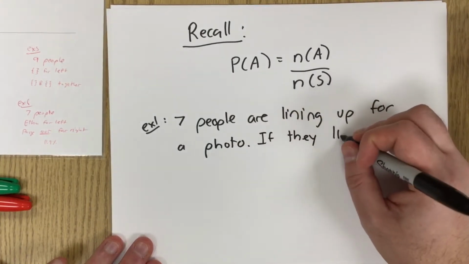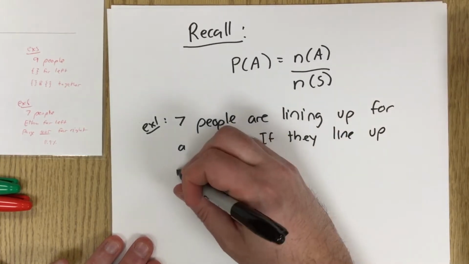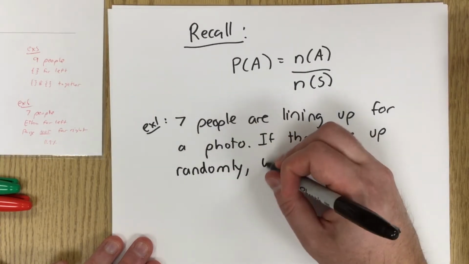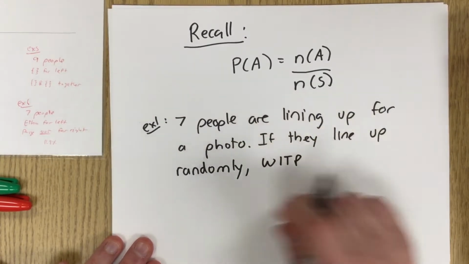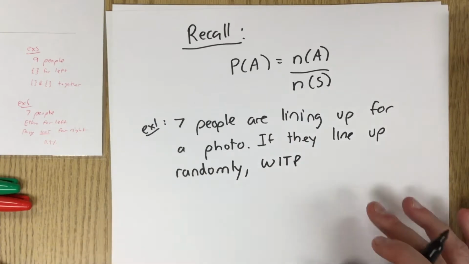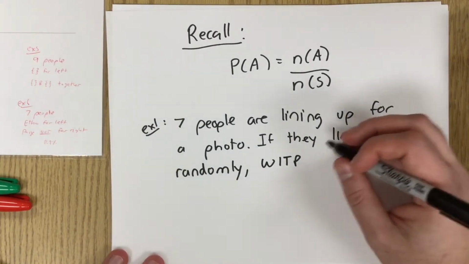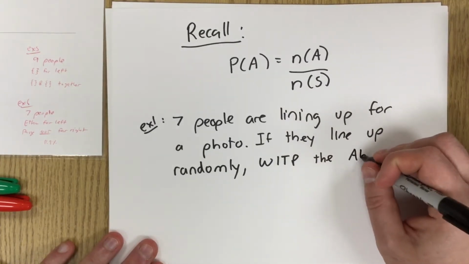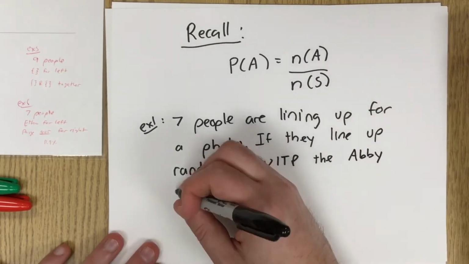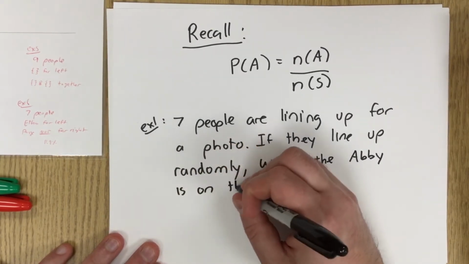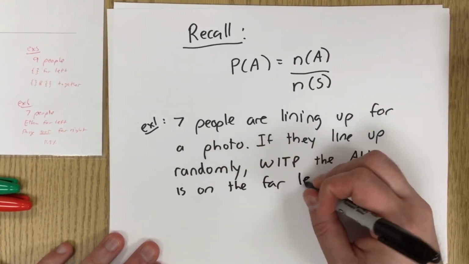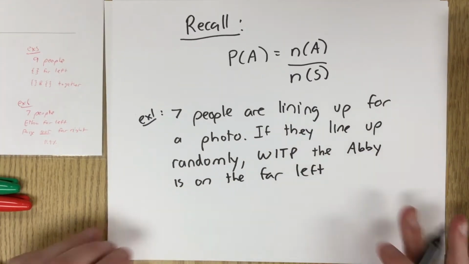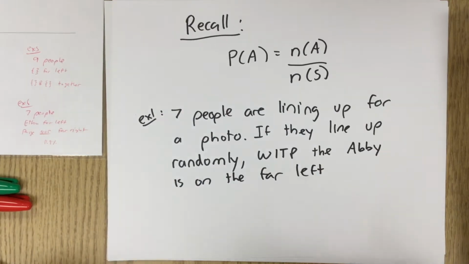If they line up randomly, what is the probability that Abby is on the far left? Okay, so 7 people are lining up for a photo. If they line up randomly, what is the probability that Abby is on the far left?